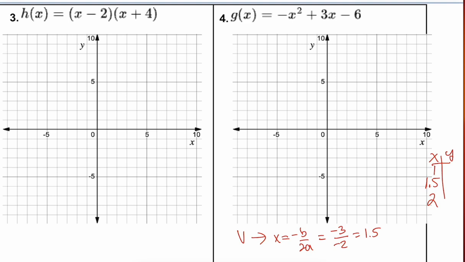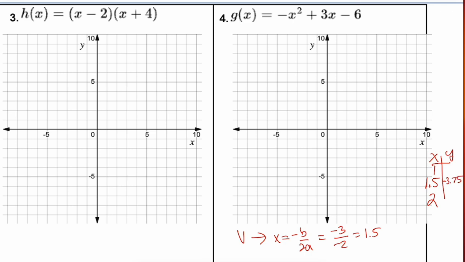Now let's plug in 1.5 to begin. So you're just taking out the x's, you're inputting 1.5. Okay, so it's the opposite of 1.5 squared plus 3 times 1.5 minus 6. So that is negative 3.75.